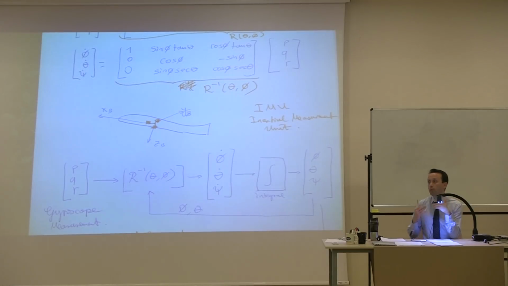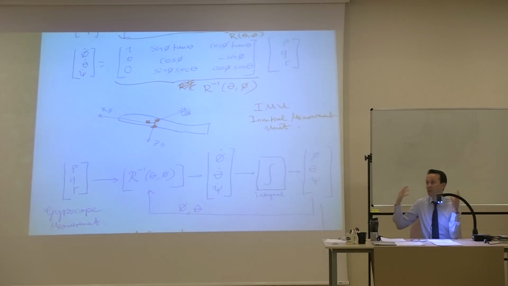You might have it at lower frequencies, say 30 hertz, 20 hertz, depending on the resolution you want. But usually this loop is happening at least 10, 20, 30, 40, 50 times a second. So you measure, calculate, go back. Positive, negative, I don't know what you mean. I calculate this, go back, and in the next loop, I'm using this theta and phi in my calculation. Is that okay?